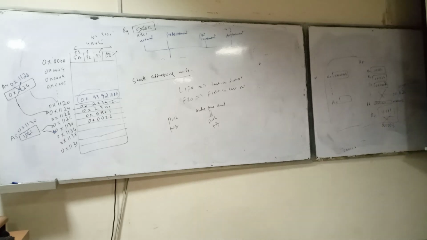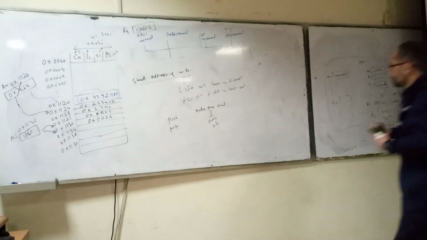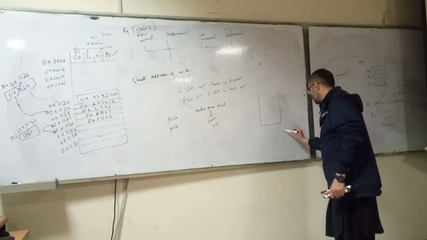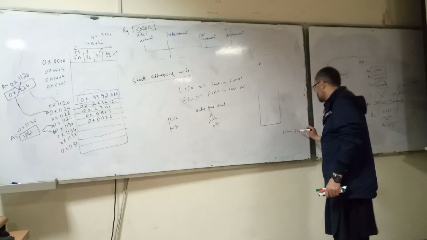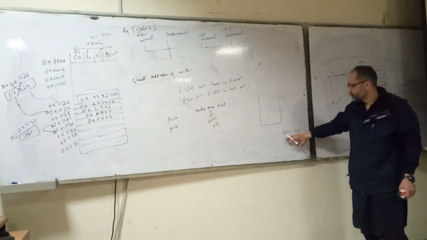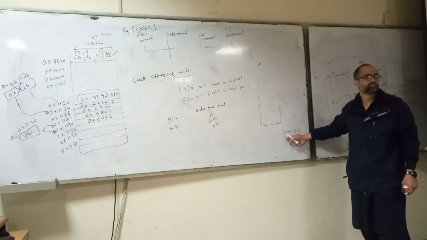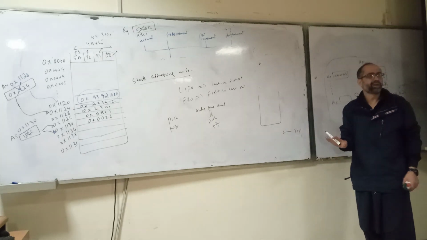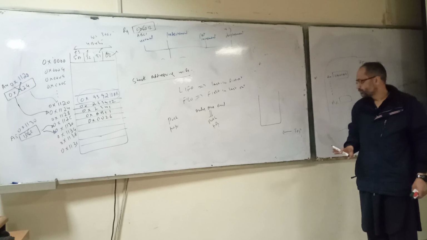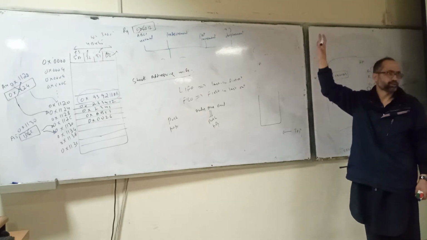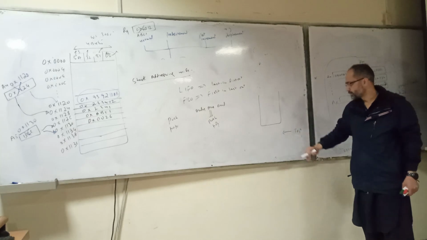Let's assume this stack is pointed to by some address register that will be called top. Top is a register, and it is not pointing to any address. It is just like a dangling pointer.